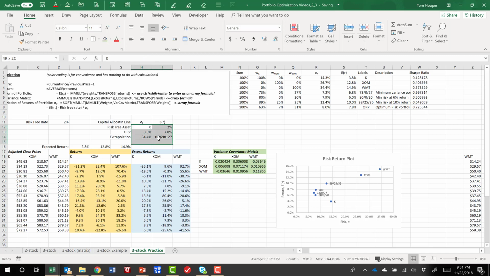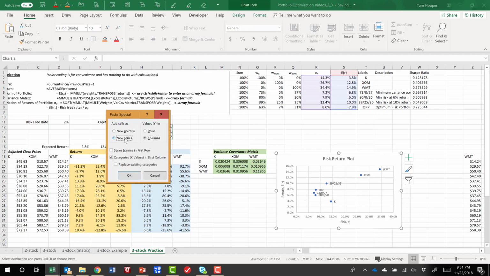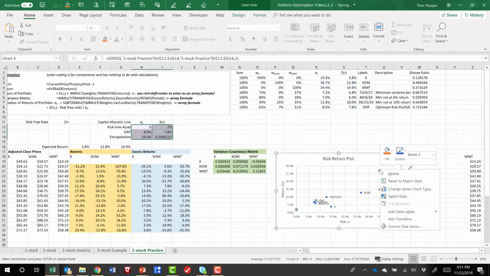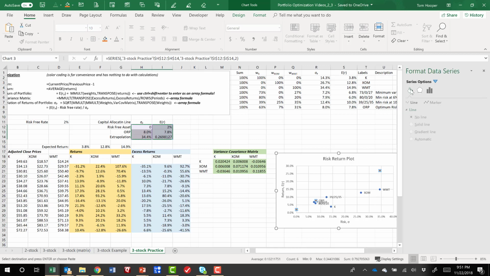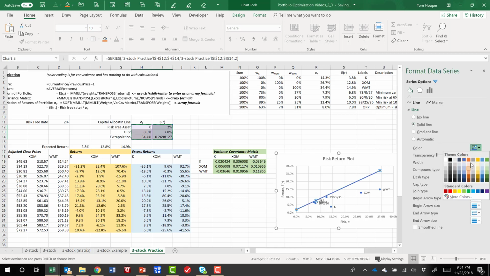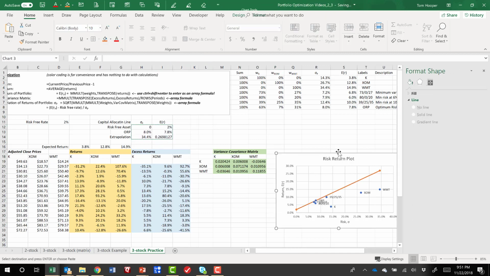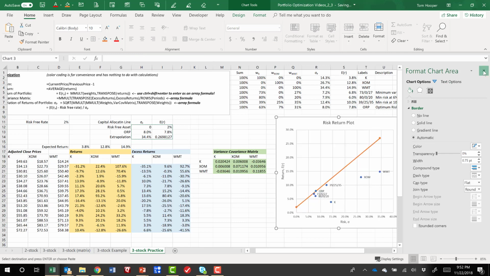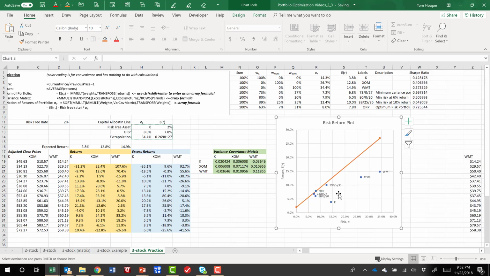And add this line to our chart. Now our risk return chart goes through the risk-free rate, the risk-free asset, through the optimal risk portfolio, and extrapolates out to the highest risk on our chart.